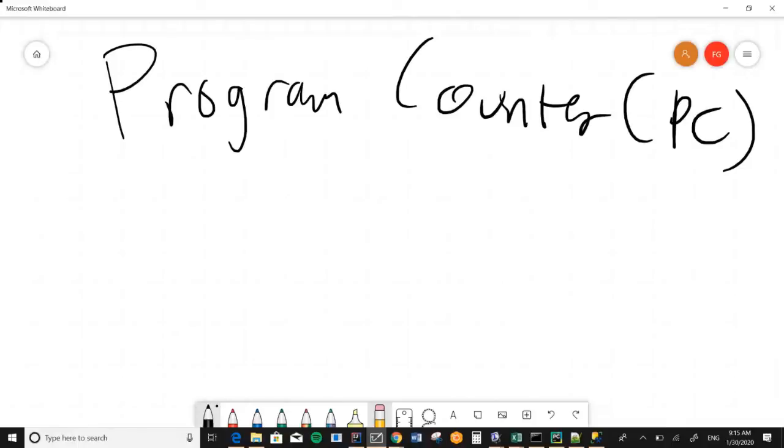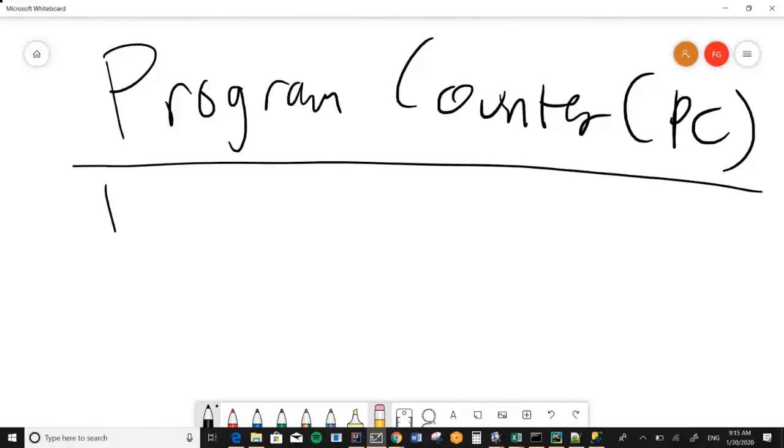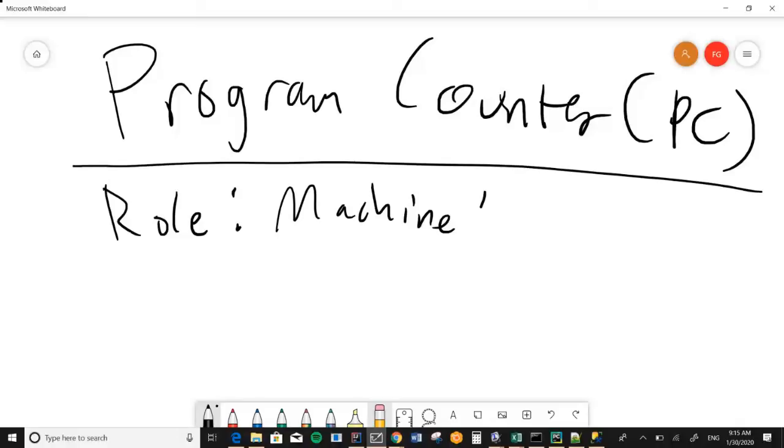And having gone over its role, I'm going to talk about what it looks like as a circuit in terms of its inputs and its outputs. But first, the role. This requires us to think about what a machine language program looks like.